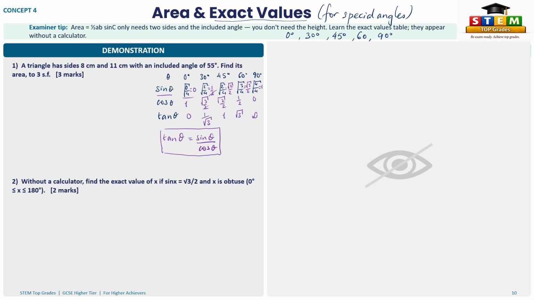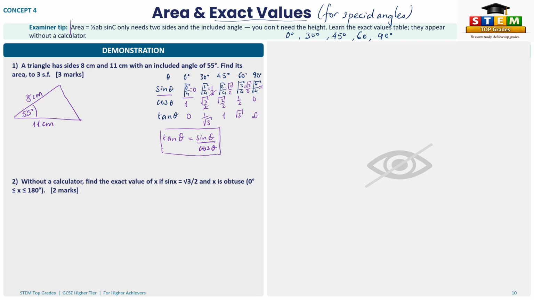In that case, we're looking for the area of a triangle. We have an included angle of 55 degrees, and sides of 8 centimeters and 11 centimeters. You are to find the area of the triangle.